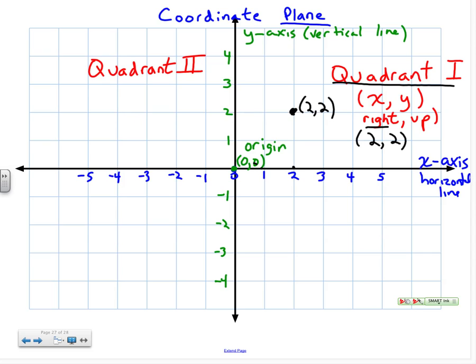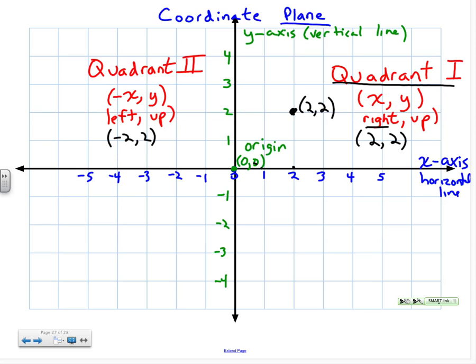So when we plot our points, we're going to have a negative x and a positive y. So negative x would go to the left on the number line. Positive y would go up. So an example of negative x, y, if I put in numbers instead of variables, I could do negative 2, 2.